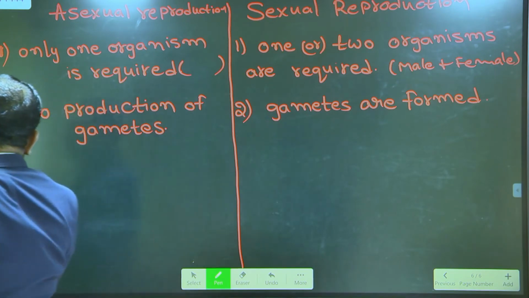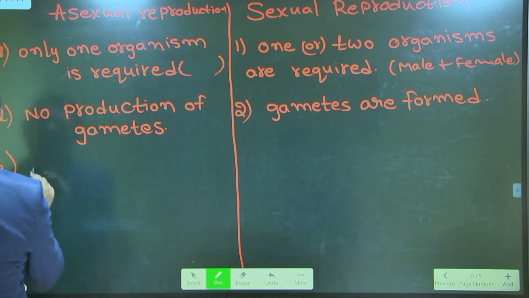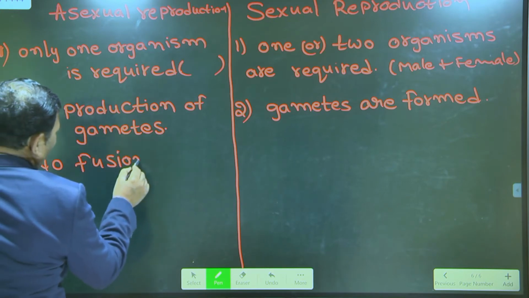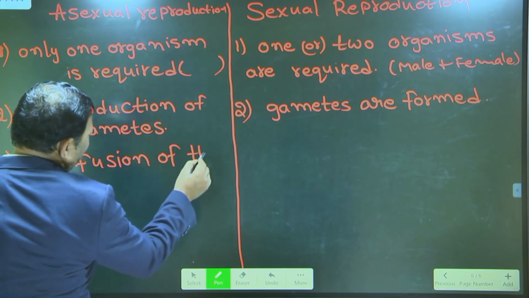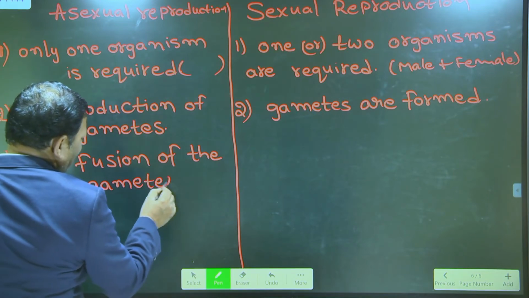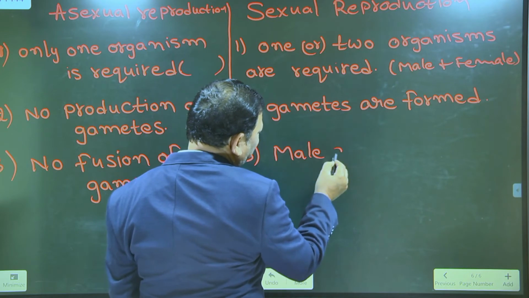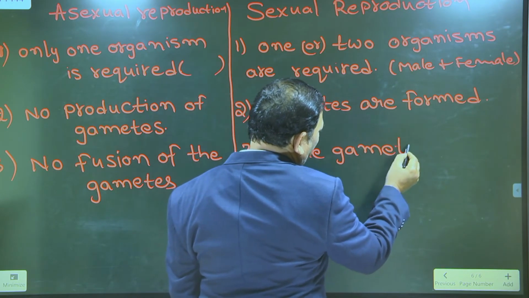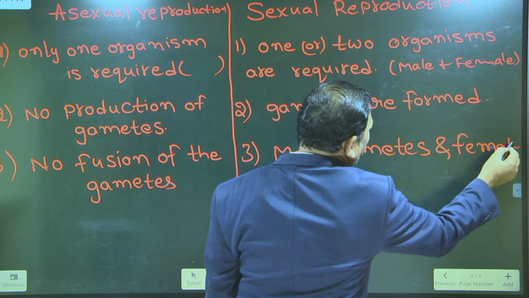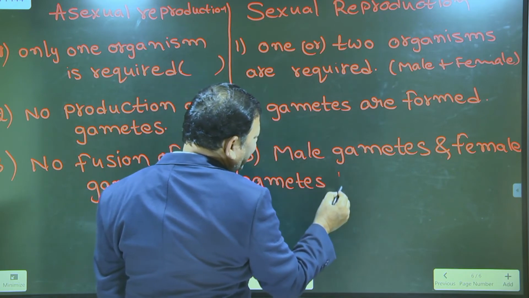Third point: no fusion of gametes in asexual reproduction. Here, in sexual reproduction, male gametes and female gametes fuse.